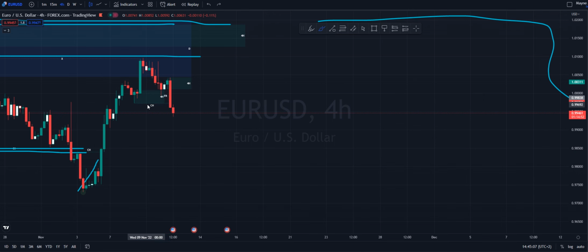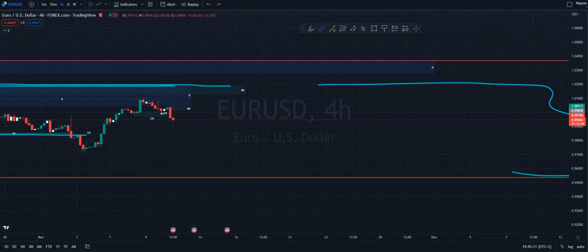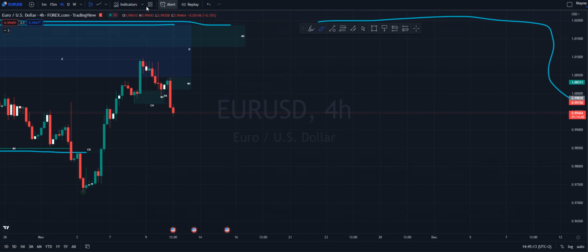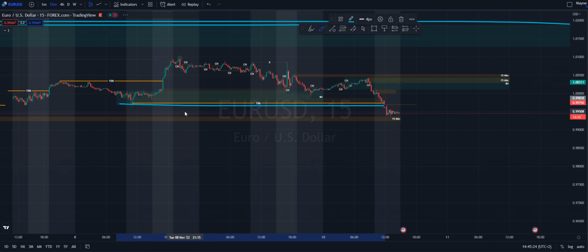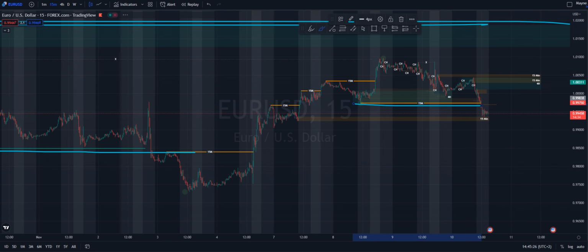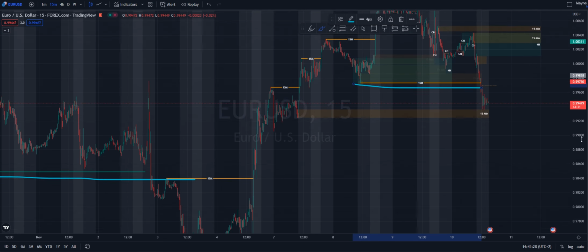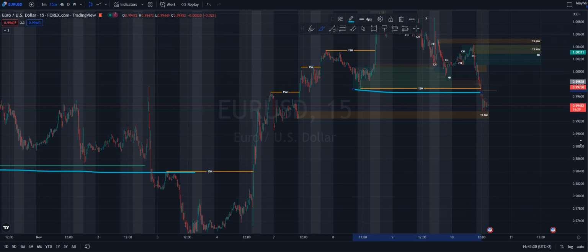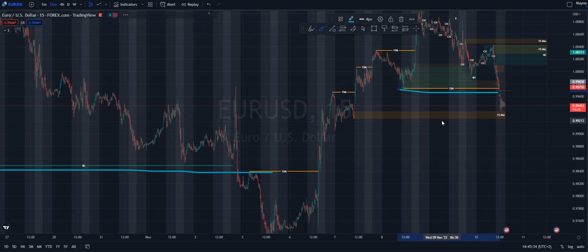So if we come in to this area over here, this will most likely be an M15 trend change. Now if we go onto the M15, we'll see that yes, the M15 has also switched bearish to confirm that the 4-hour pullback has finished, right?